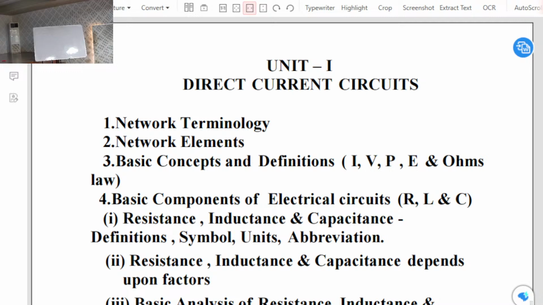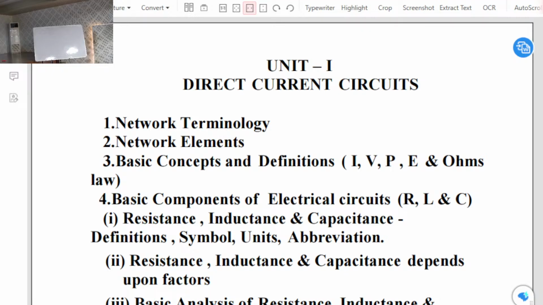So we need to study resistance, inductance, capacitance. I have divided the fourth topic into parts. What do we have to study in part 1? Definition, symbol, units, abbreviation related to resistance, inductance, capacitance.